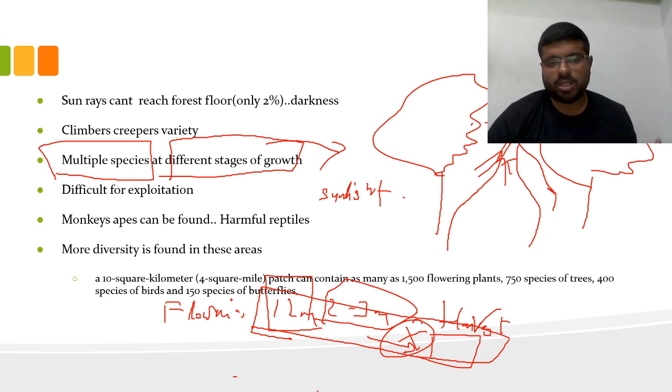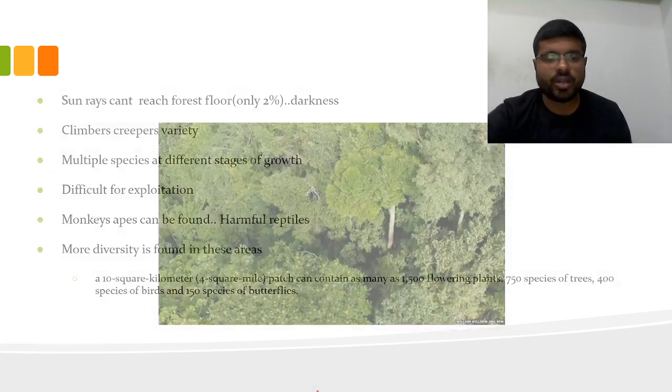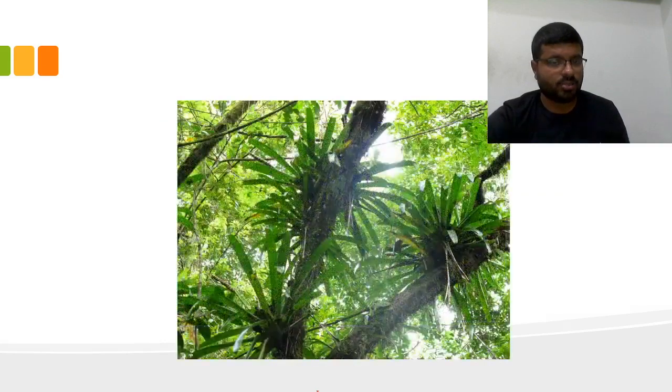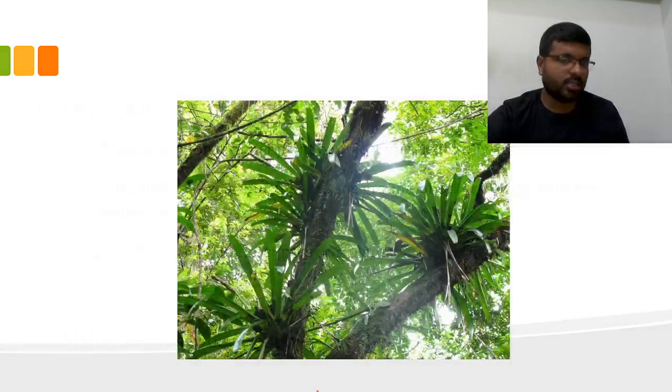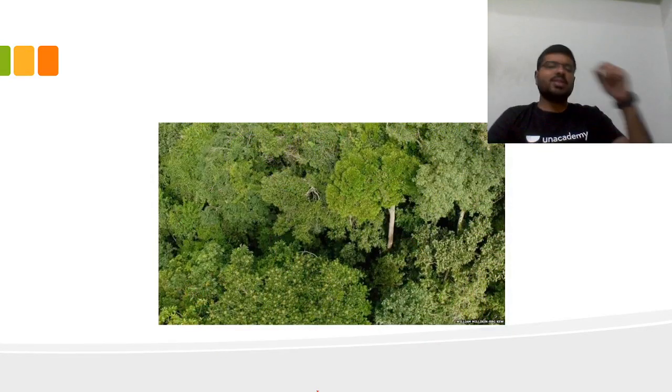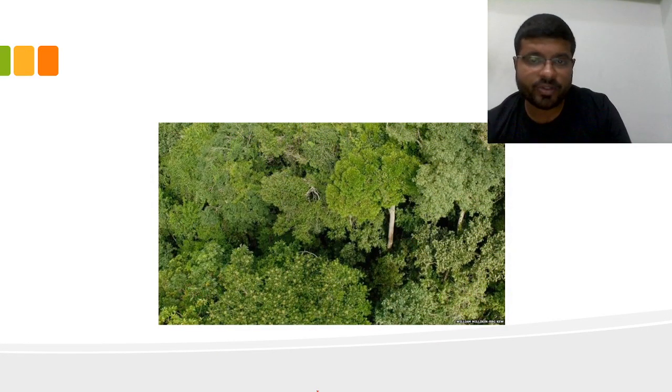That is one point. Within that, another point is there is a multiplicity of species. The species are of multiple varieties. That is, the variety of species I have discussed, mahogany, rosewood, ebony, greenheart, etc., are the multiple species. For example, from this diagram, I will try to give you a brief understanding.